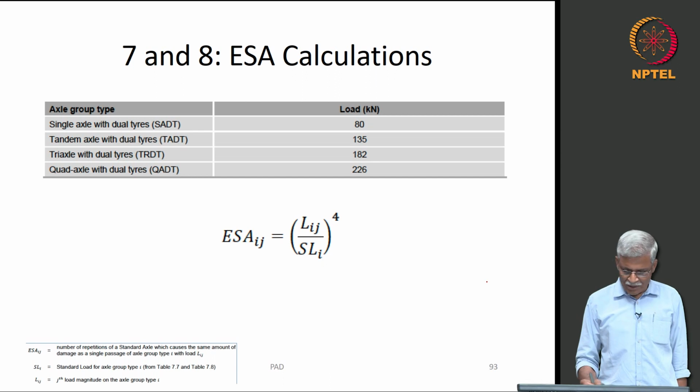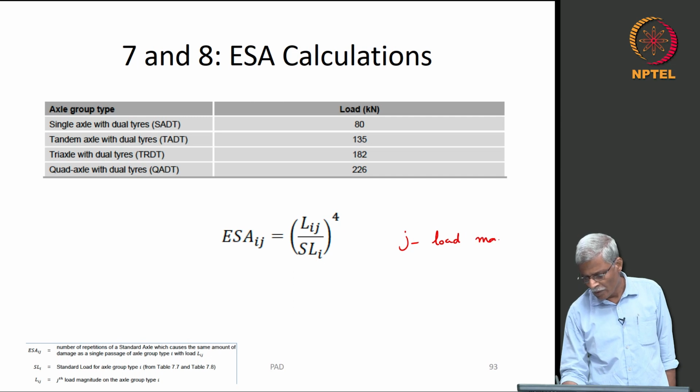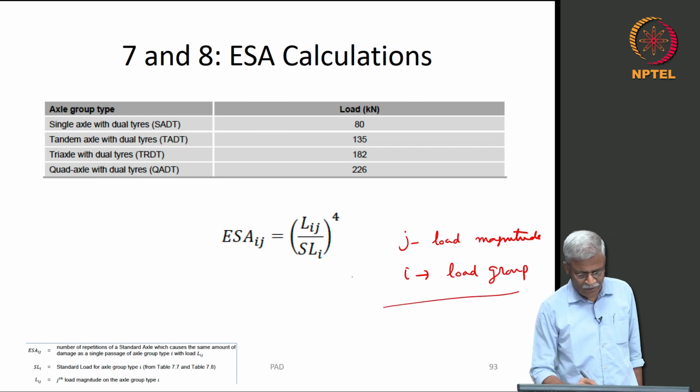Okay. So, what is this j? J is the load magnitude and I is your load group. Okay. I think it is very clear now.